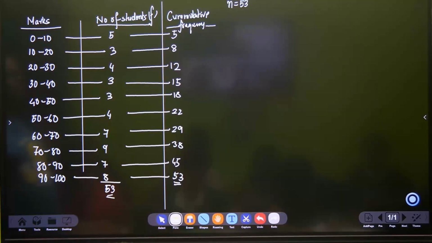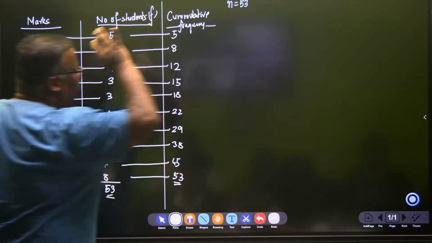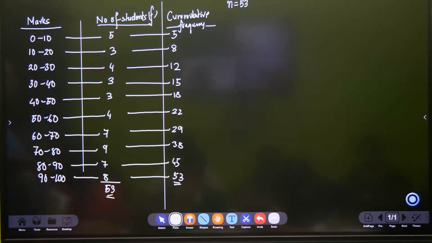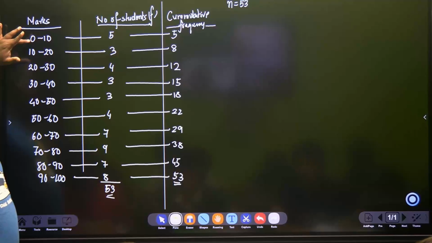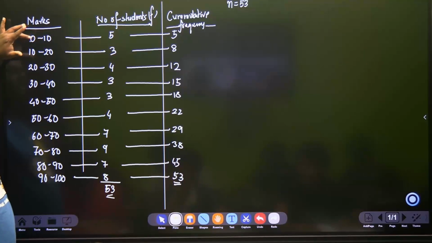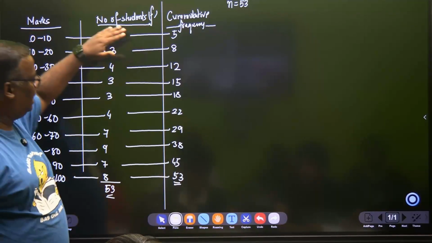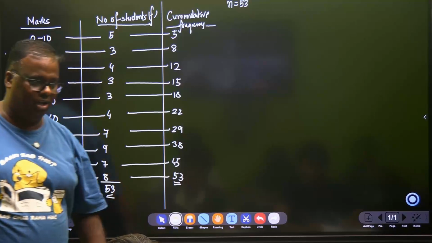Now go by the logic. Suppose there was some mark out here, so that you don't forget how to do this problem. That mark must have been obtained, but it is not that 5 children obtained some 5 marks. Some might have got 1, somebody might have got 9 or something. But this arrangement is in ascending order.